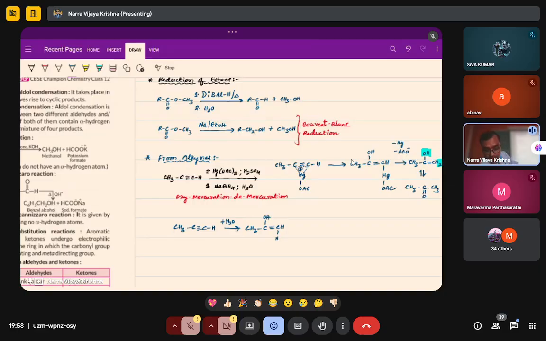That's why it is called Markovnikov addition. Earlier, someone asked me about this Markovnikov. Respond. Yes or no? That fellow is not there. Maybe he is not here.